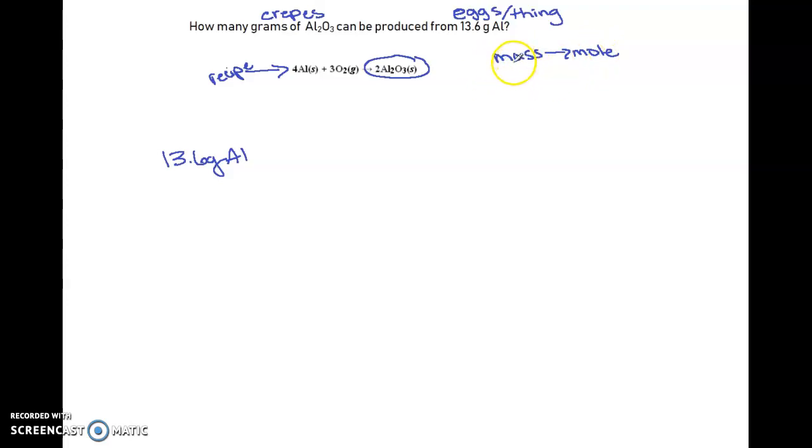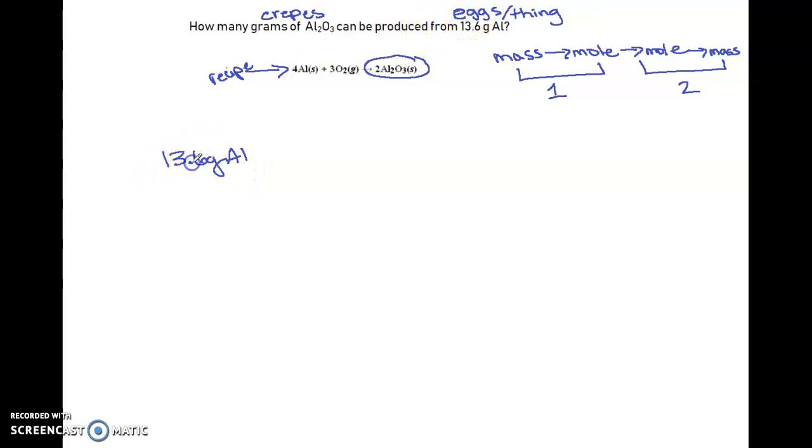If I have this many grams of aluminum, this is how many moles of it. Then to moles of a different substance, so moles of thing two, and then back to a measurable quantity, because I don't have a molimeter in the lab, so I need to get into a measurable quantity of mass. So mass to moles to moles to mass. Usually the first two are about thing one, your eggs, and usually the last two are about thing two, or your crepes.